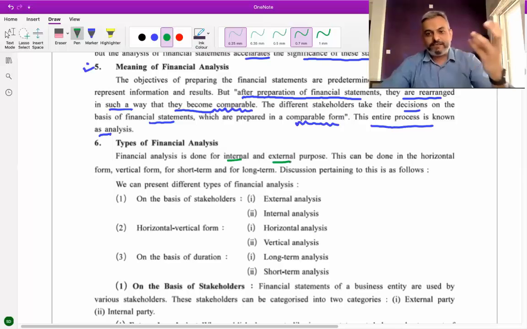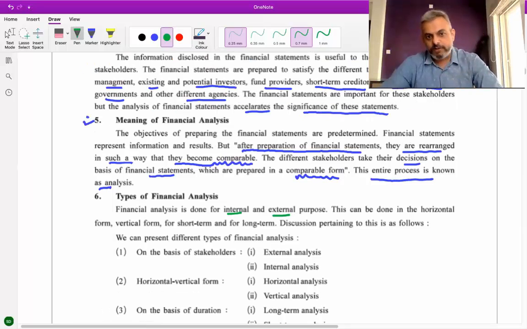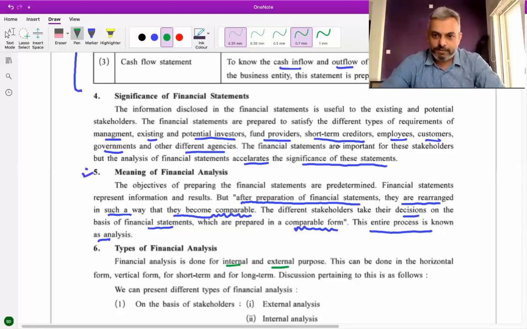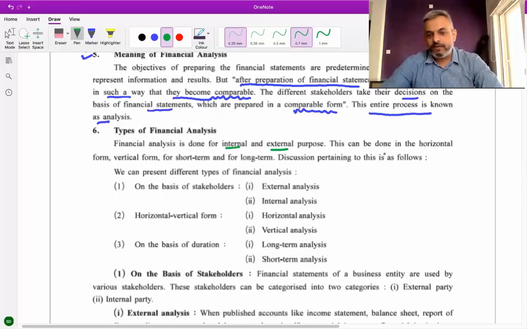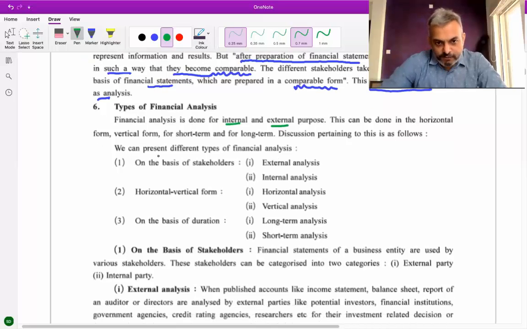External is external people connected with the company, which we have read here: potential investors, short-term creditors, fund providers, banks, government, different agencies. This can be done in horizontal and vertical form, for short term and for long term. Discussion pertaining to this is as follows. We can present different types of financial analysis.